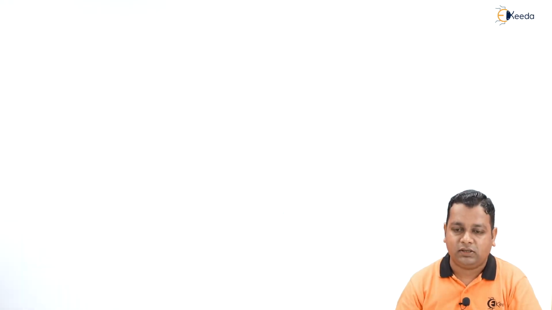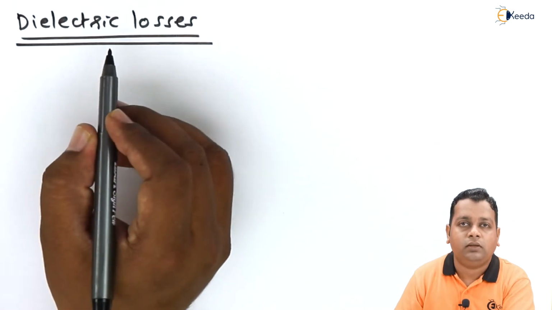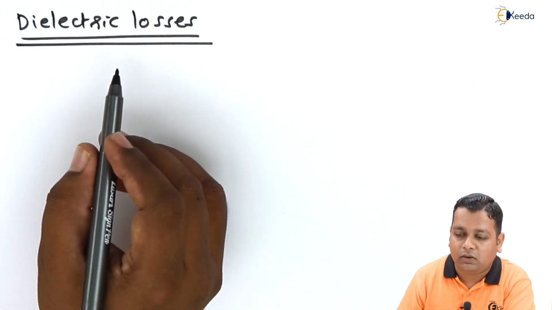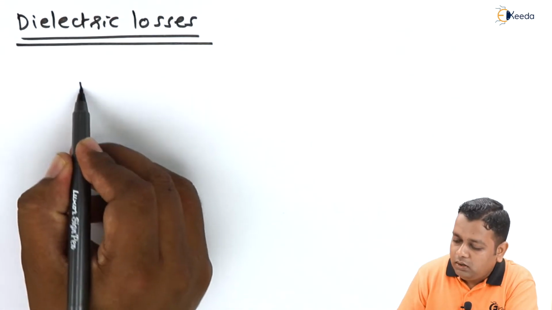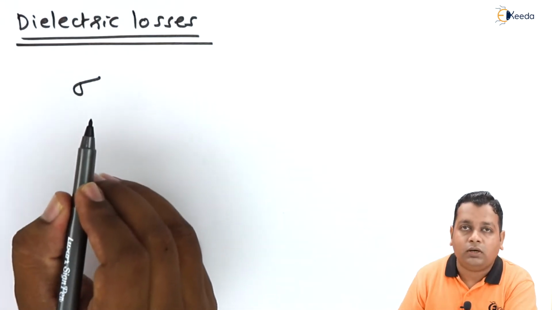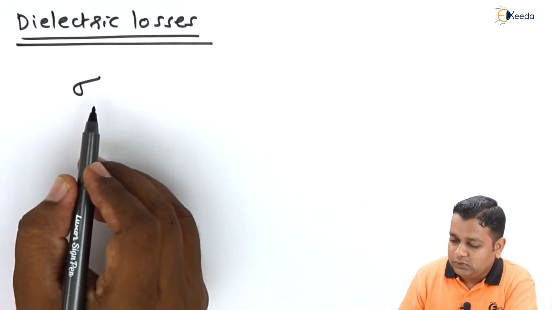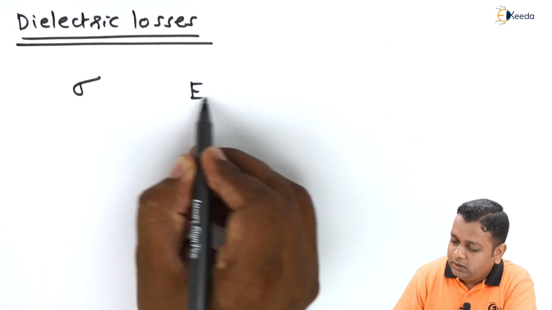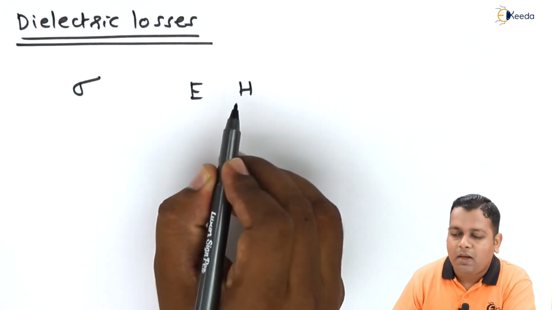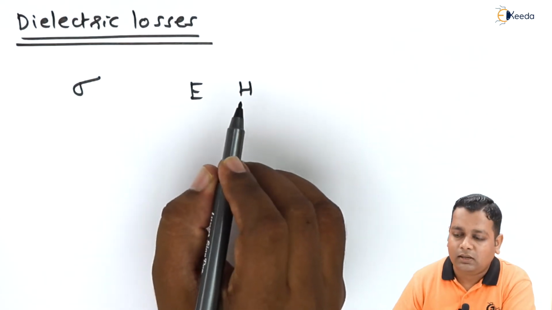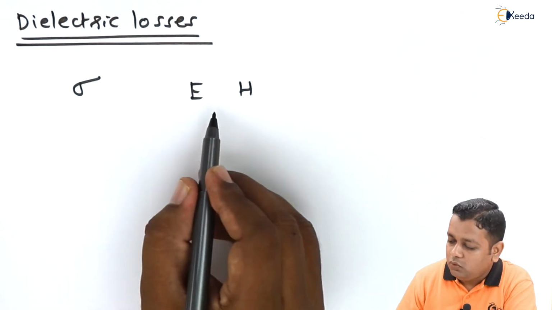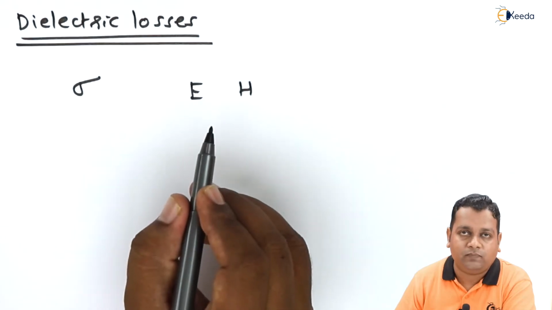We first of all go for the dielectric losses here. So there are certain dielectric losses when the conductivity value for the dielectric material cannot be neglected, and in this particular situation the electric and the magnetic fields inside the dielectric material are no longer in the time phase.